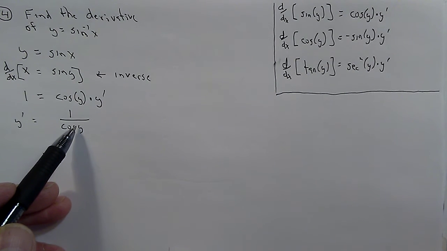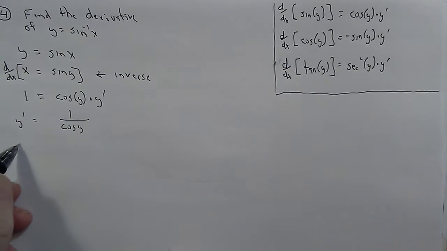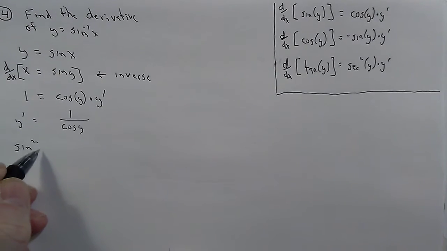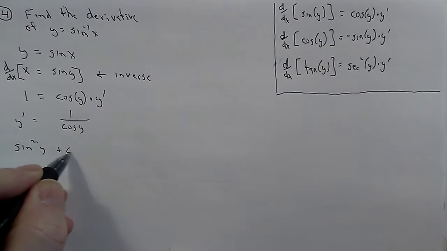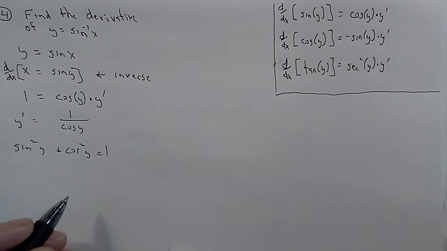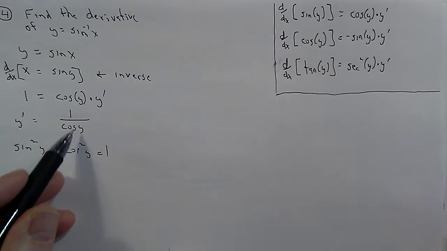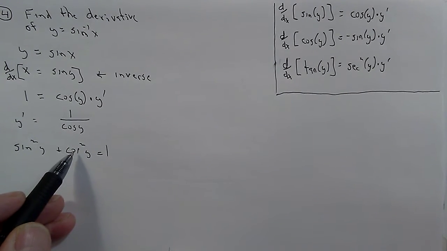But we know that sine squared plus cosine squared always equals 1. So if I went like this, a little side note, the sine squared of y plus the cosine squared of y equals 1. All right, well, here's cosine squared. There's cosine. Let's solve this for cosine.